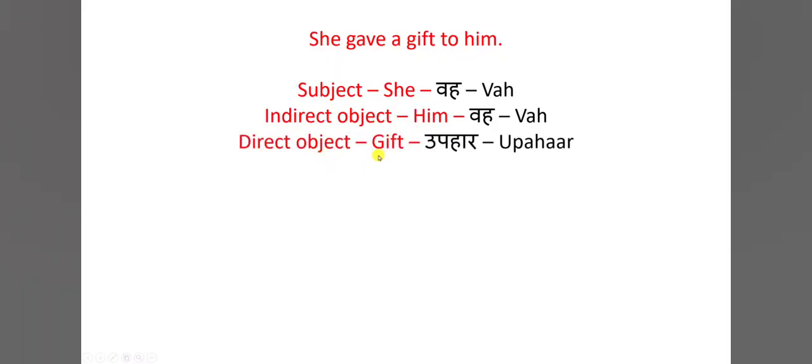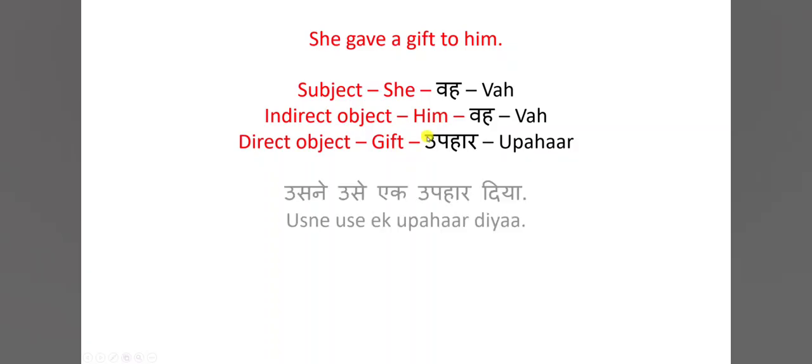Okay, I am assuming that you know how to recognize an indirect object and a direct object. Okay, so I won't be teaching you that. Alright, now this sentence translates to उसने उसे एक उपहार दिया.